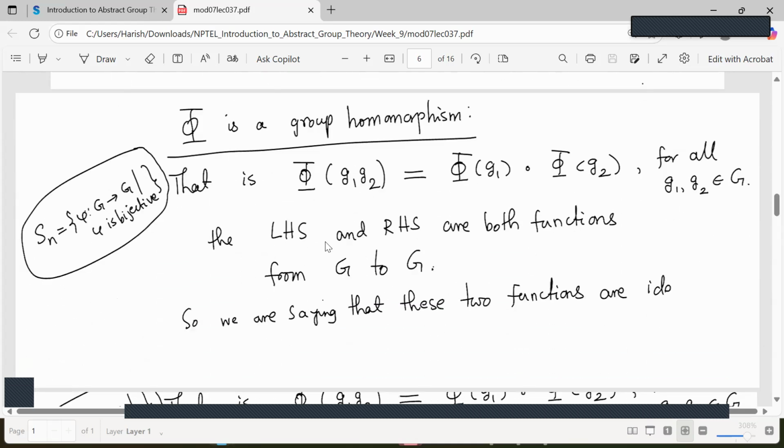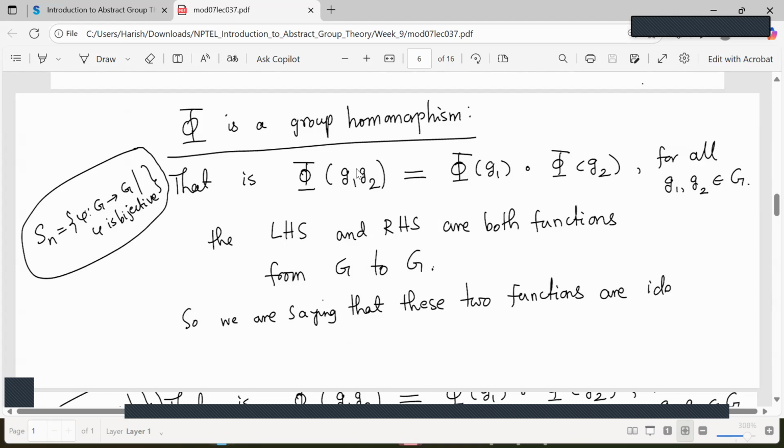And it's a group homomorphism. That is easy to see because these are two functions from G to G, and look at how these functions are defined. This will map s to g2 s, and this will map again g2 s to g1 g2 s.